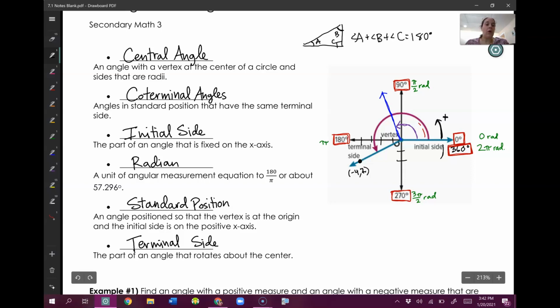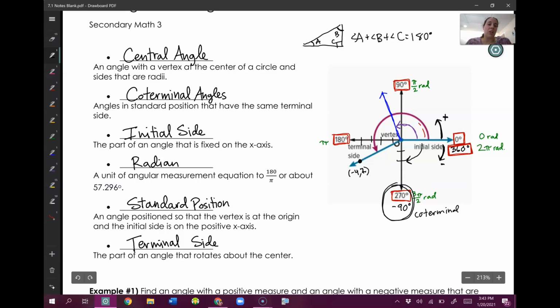If you go clockwise right here, those angles are negative. So if I wanted to go clockwise to this point here, that would actually be negative 90 degrees.